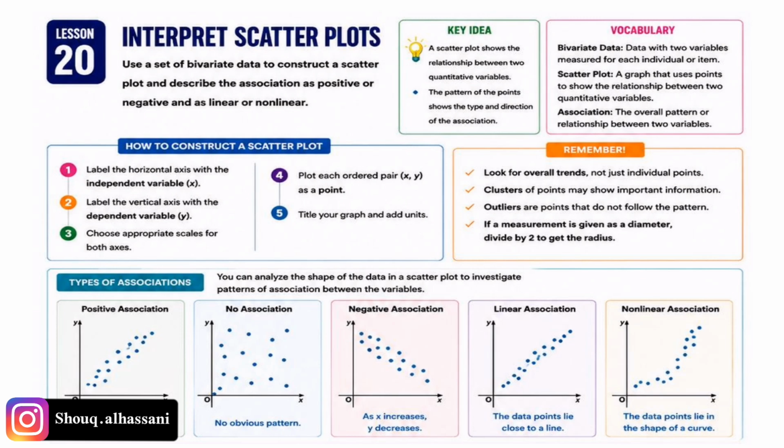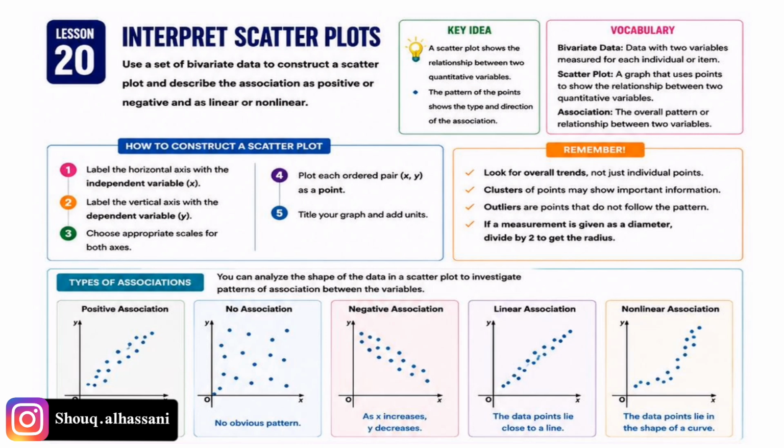X-axis on the bottom, which is the independent variable, y-axis on the side, dependent variable. Then we choose a simple scale, nice and easy numbers. Now the fun part. We plot each point one by one, like dropping stars in the sky. And our graph is alive.